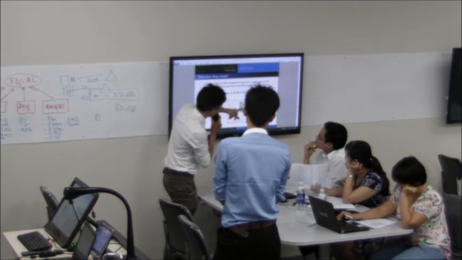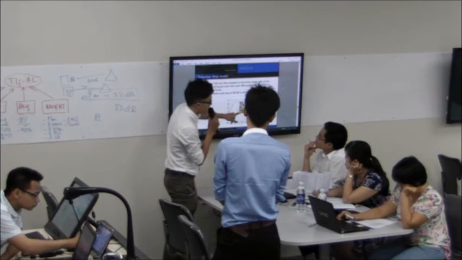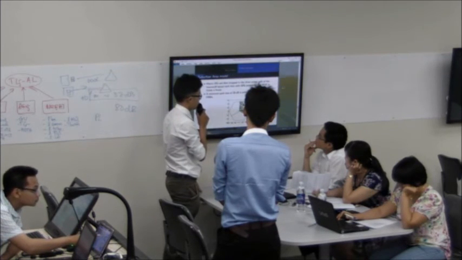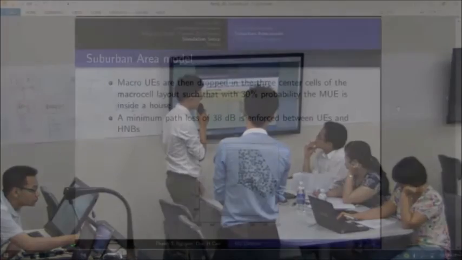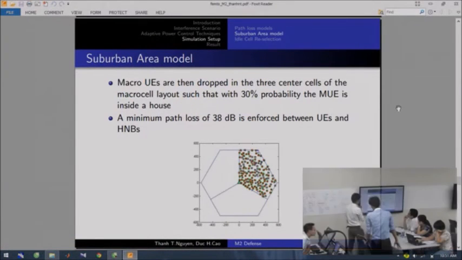But when the user deviates, for example in this direction, you will see less power. How much less? It depends on the horizontal angle to the base station.